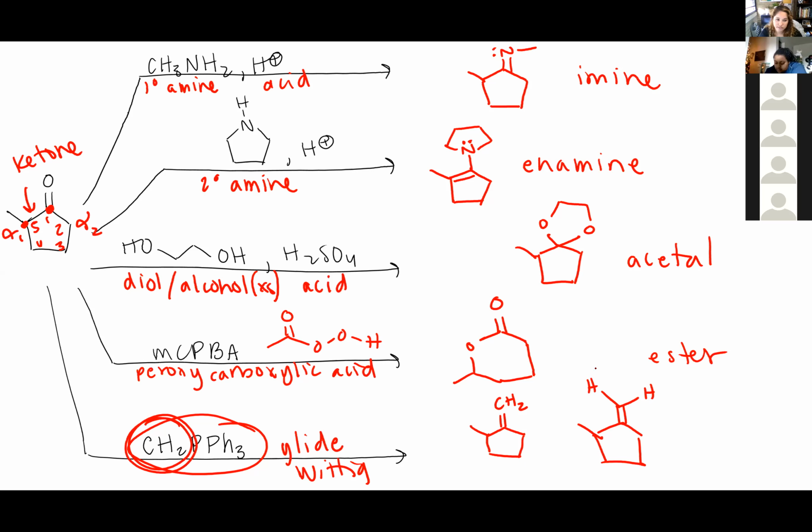Remember, Z means that everything that has the greater priority is on the same side of the alkene. Whatever R group there was would have to be over here. If there were two R groups, the one with the higher priority would have to be over here, because this half of the ring is going to have greater priority than this side.